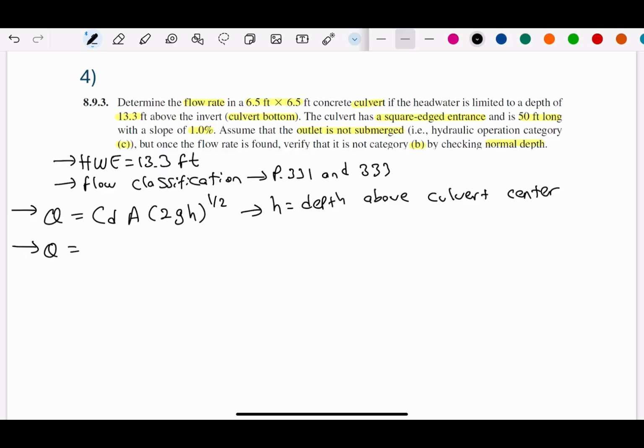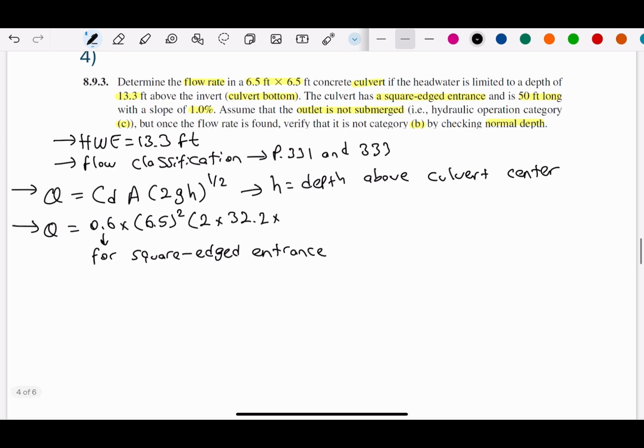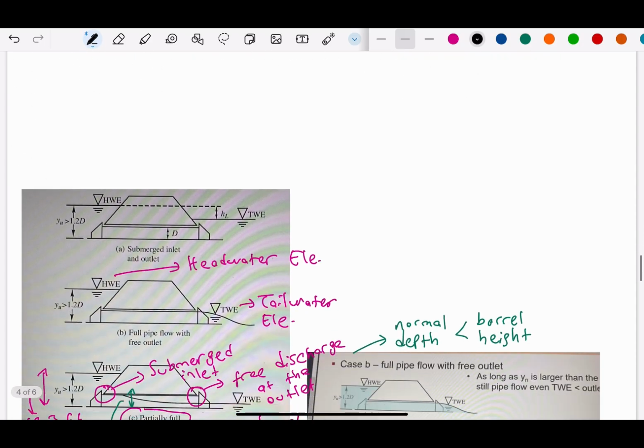So Q will be equal to 0.6, and this is the coefficient for square-edged entrance, times area, which is 6.5 squared, times 2 times gravitational acceleration times H. So to calculate the H, we can again see the figure.